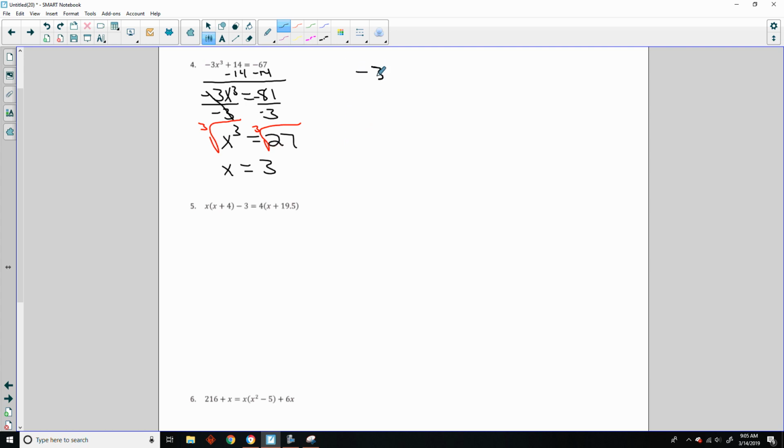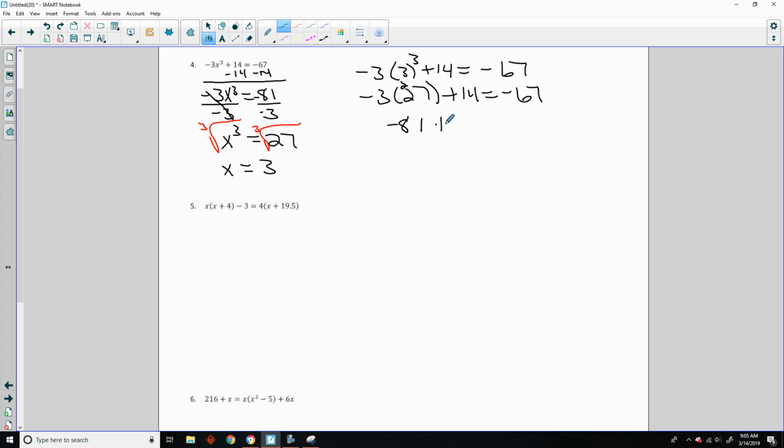Check my answer. Negative 3 times 3 cubed plus 14 should equal negative 67. Negative 3, 3 cubed is 27, plus 14 equals negative 67. 7 times 3 is 21, carry the 2. 3 times 2 is 6, plus 2 is 8.